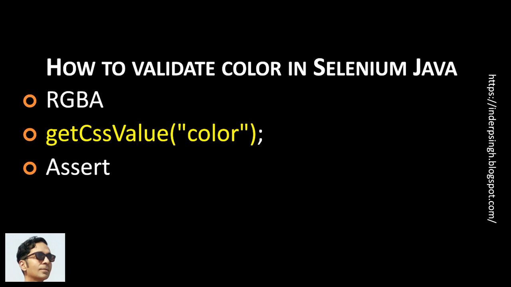So 0 means transparent and the maximum value is 1, which means totally opaque. Now Selenium WebDriver has a useful method called getCssValue for color. This method gives the color of any web element. So it is possible to use assert and validate color in Selenium.